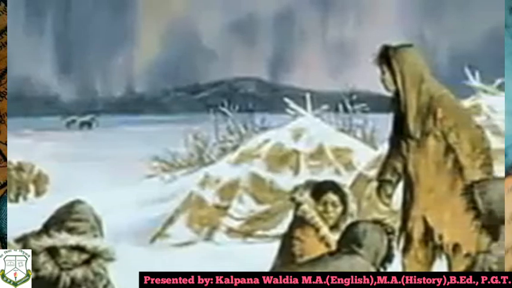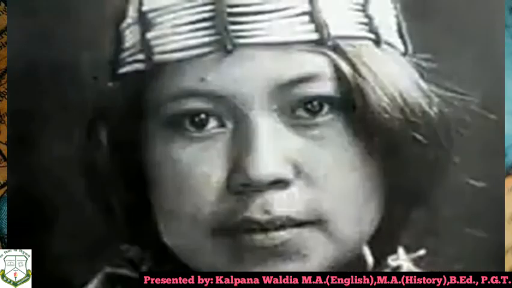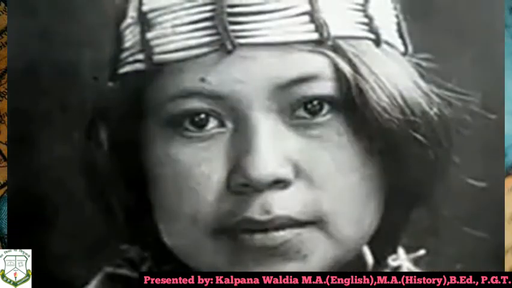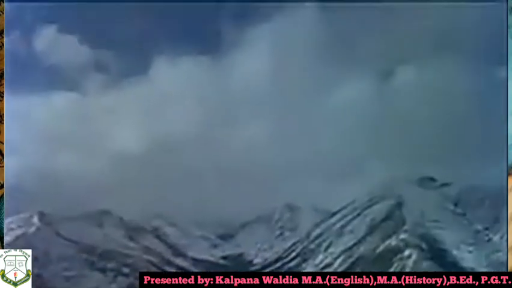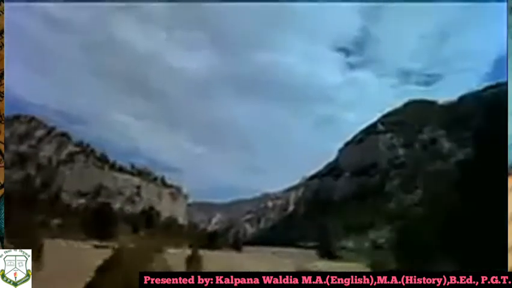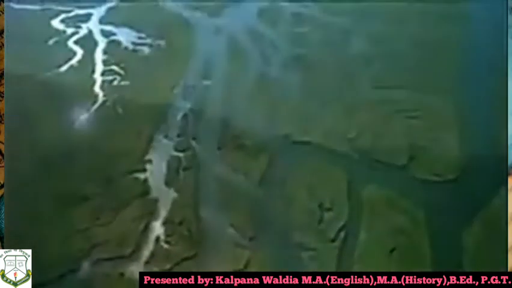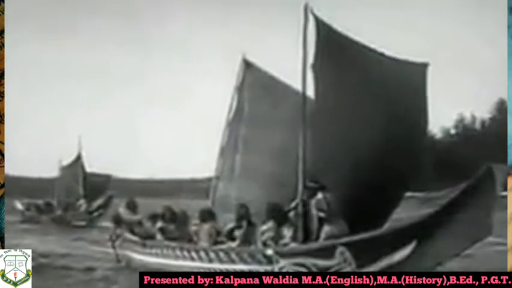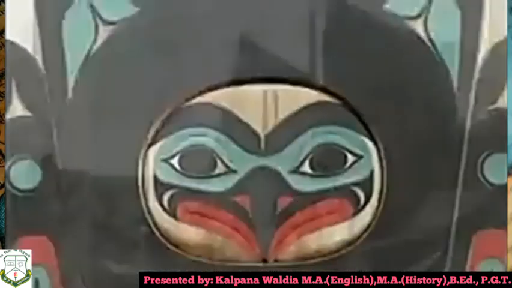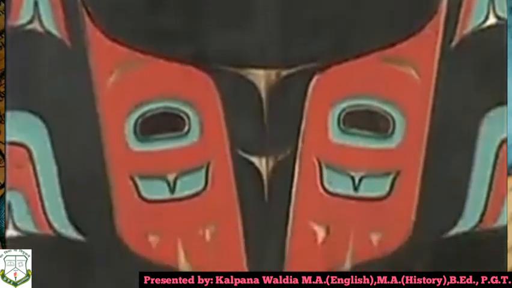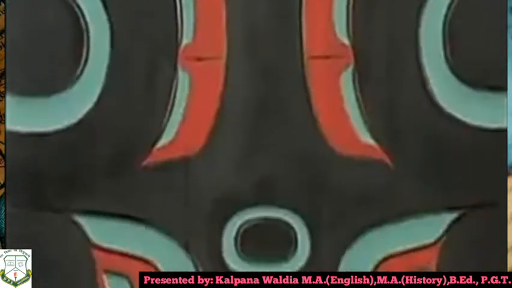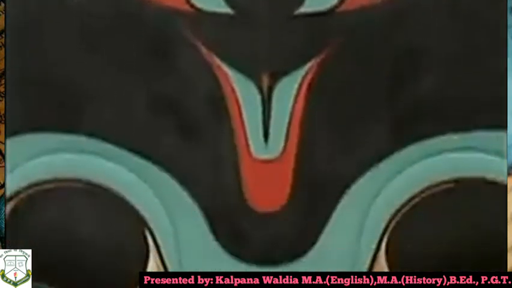These successors became known as the Native Americans or American Indians. As they spread over the vast continent, hundreds of unique cultures were born. Millions of Native Americans lived north of Mexico.